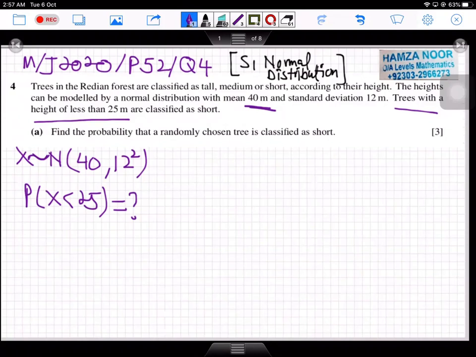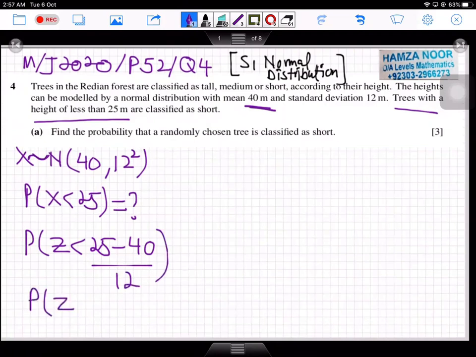So we will get probability of Z is less than 25 minus mu divided by sigma, which is 25 minus 40 divided by 12. This is how much? Minus 1.25.